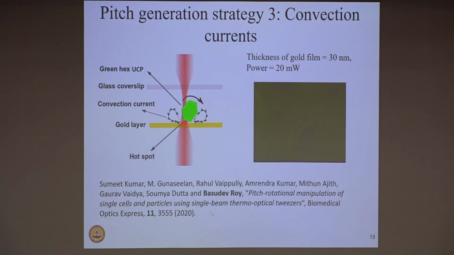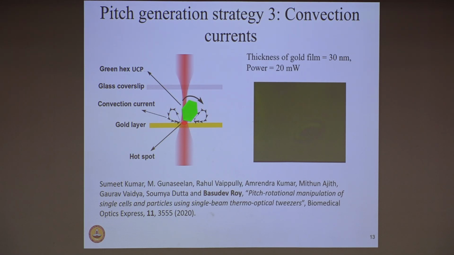The third one was suggested by Professor Ruben Ramos Garcia from Mexico: if you optically trap a particle in the bulk, you also generate convection currents in the middle. Now we were fiddling around, and we put a gold surface on top of the bottom surface, and we put a laser beam through it.